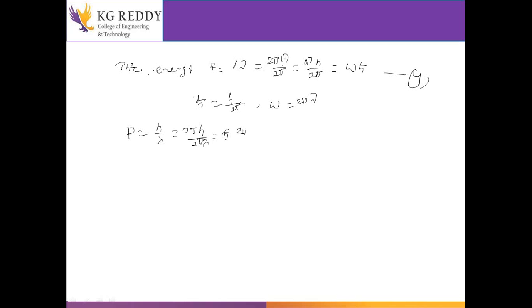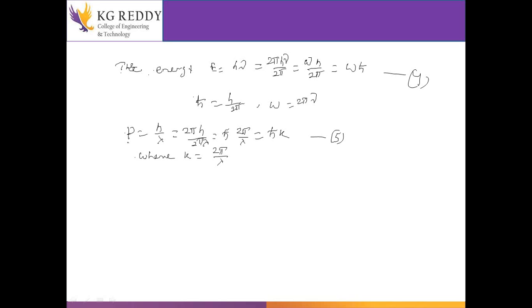Then 2 pi by lambda equals k. This is equation number 5, where P equals h cross k and k equals 2 pi by lambda. Is it clear?